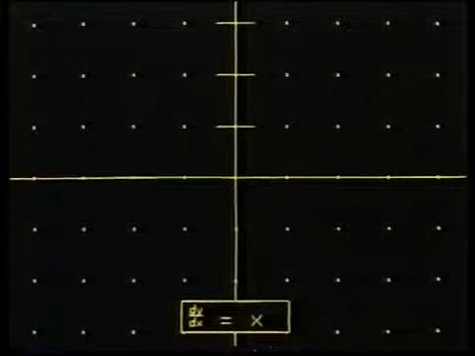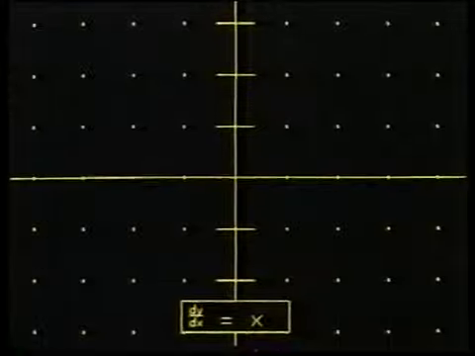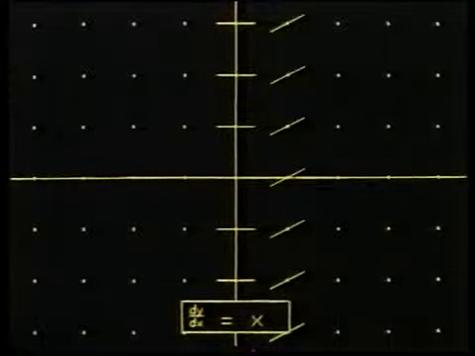When x equals 0, the slopes are 0. They only depend on x. When x is positive, the slopes are positive. And as x increases, the slopes increase. For negative x, negative slopes. That's a sample from the direction field.